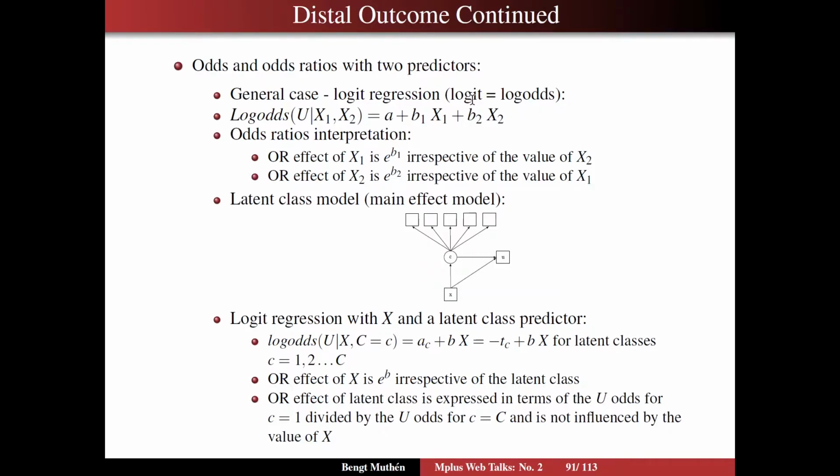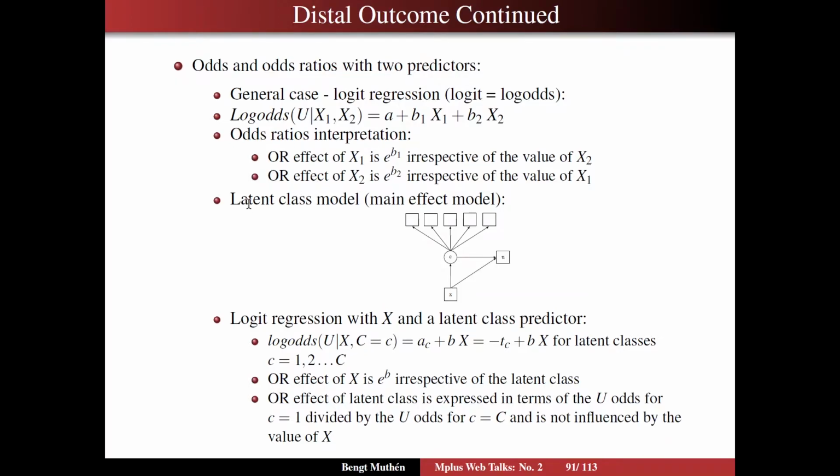That is, we do logit regression. The odds ratio interpretation is that e to the power of b1 is the effect of x1 irrespective of the value of x2, as a benefit of logistic regression modeling. And the odds ratio for the effect of x2 is e to the power of b2.